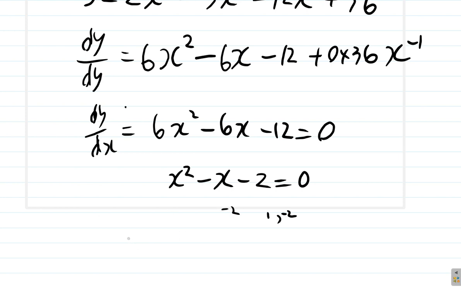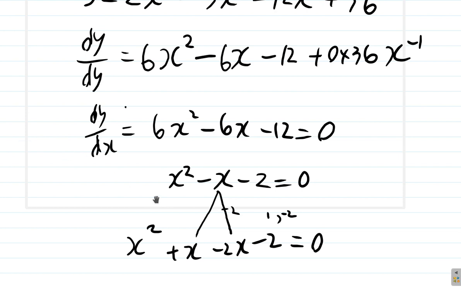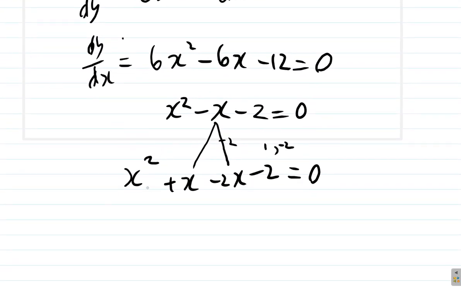So at one end we have x squared, at the other end we have minus 2. Then we split the negative x into plus x minus 2x. Good. Remember how to solve your quadratic equation by factorization.